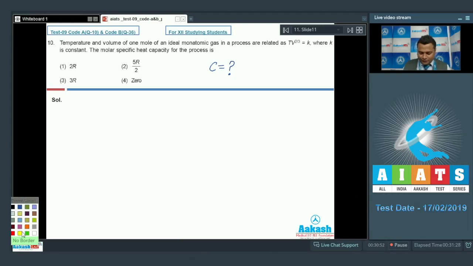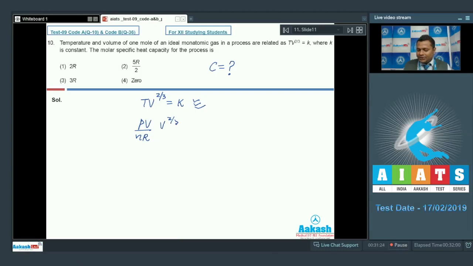Now first of all, let us see the relation given in the question. T V to the power 2 by 3 equals constant. Let us convert it into P V to the power something. Using the ideal gas equation, T will be replaced by P V divided by n R. We just have used the ideal gas equation.